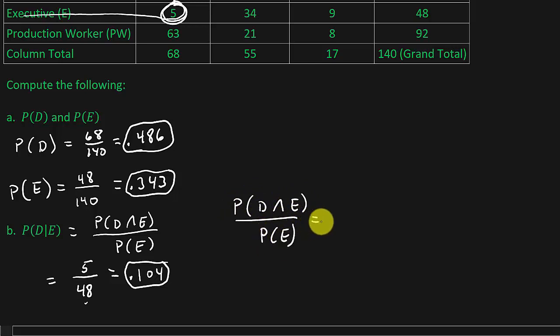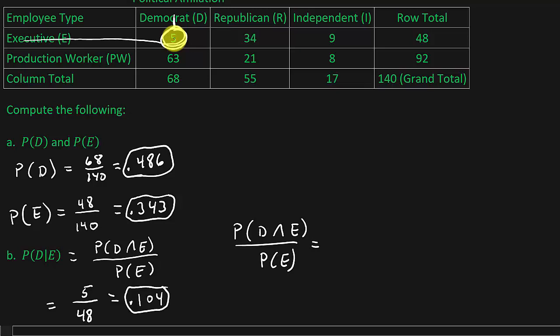What's the probability of Democrat and an executive? Well, that's 5 over the total possible, the 140. That's this numerator, divided by the probability of an executive. Well, that's this 48. There's 48 executives over the 140 total.